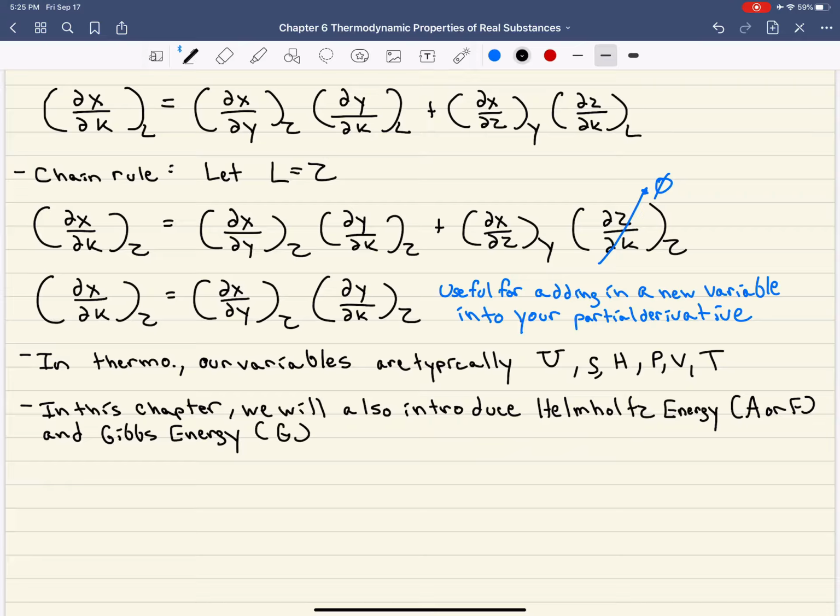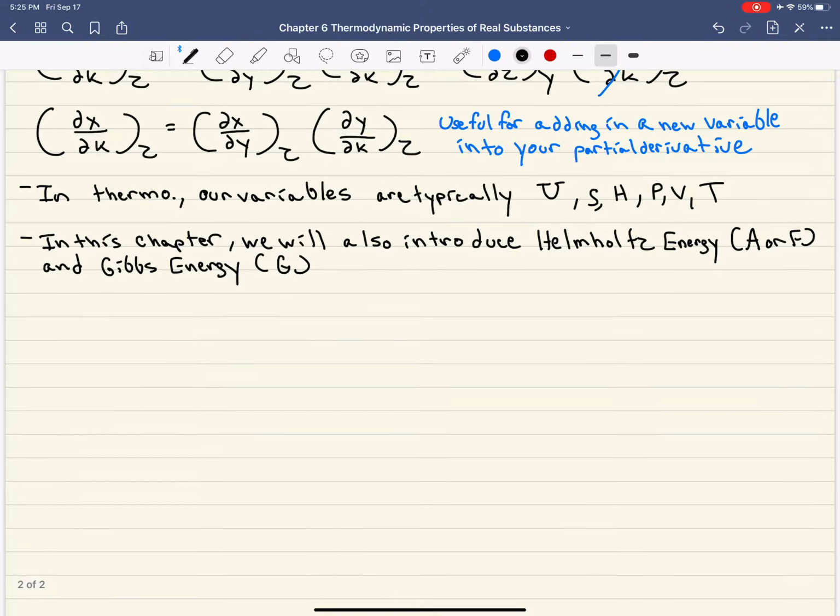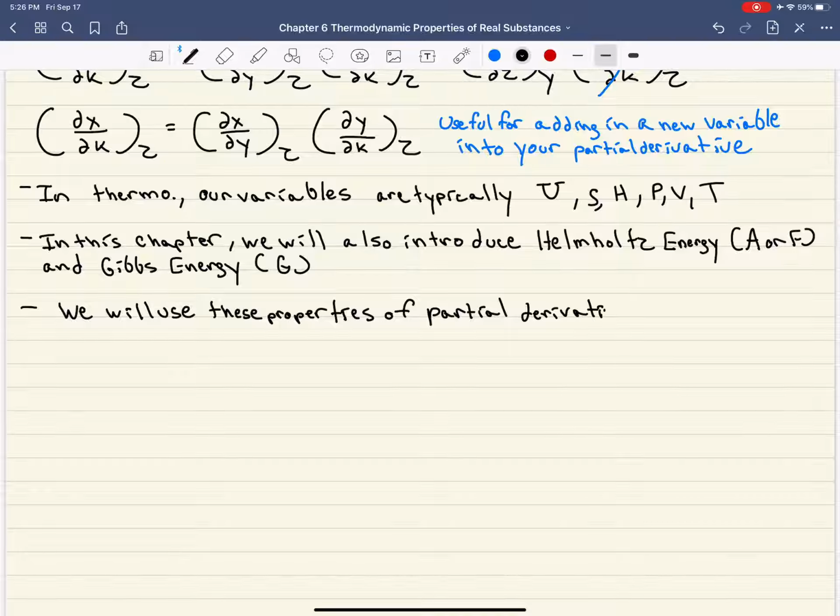All right. And so the reason I wanted to show you all this math, so I just showed you pure math right now, is because we will use these properties, or we'll describe all of our variables in terms of partial derivatives. So we will use these properties of partial derivatives to rewrite our thermodynamic variables, or recast them, in terms of things that we could actually measure.